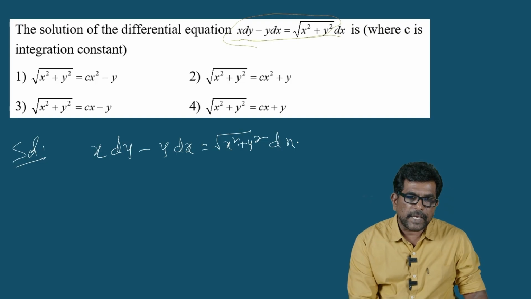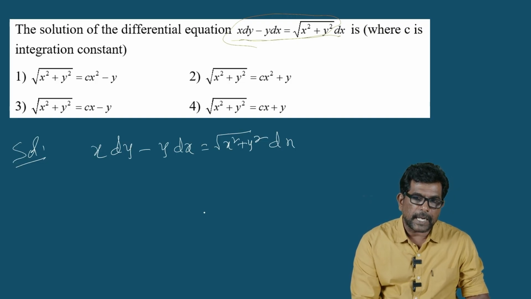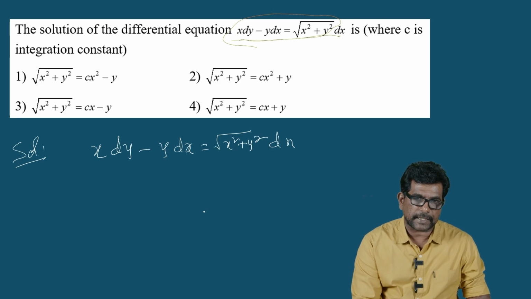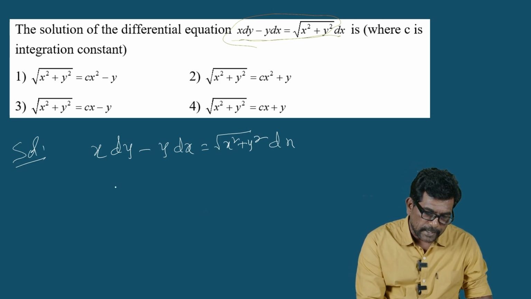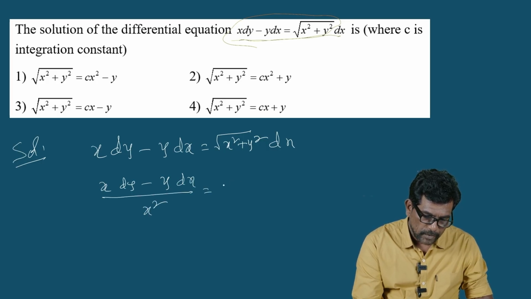Now the left hand side, if you are observing x dy minus y dx, it is a part of the differential of y by x. That's why we are dividing this entire equation by x square. That is x dy minus y dx upon x square is equal to square root of x square plus y square upon x square dx.